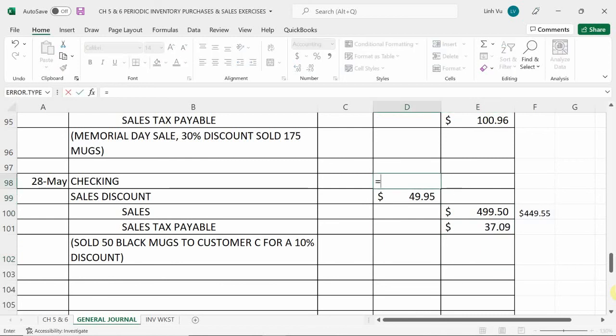So therefore, how much money is going to go into my checking account?